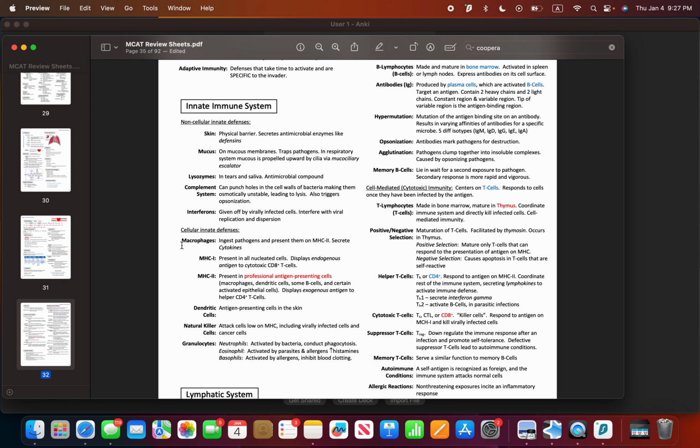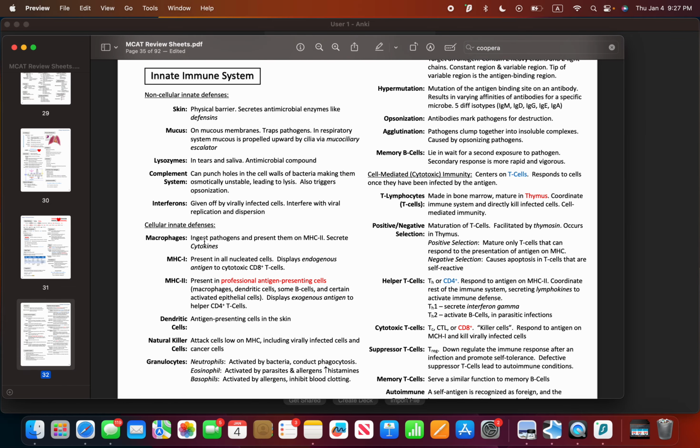The cellular ones are macrophages, MHC1 and 2, dendritic cells, natural killer cells, and granulocytes. So what happens with cellular innate defense? This is still non-specific, right? Macrophages ingest pathogens. How can that help our immune system?